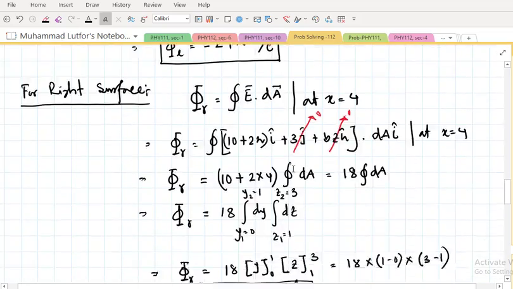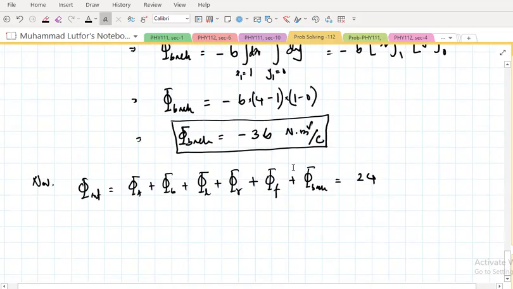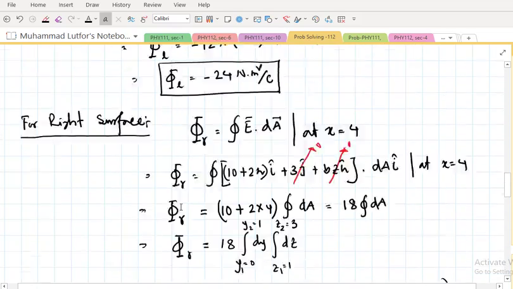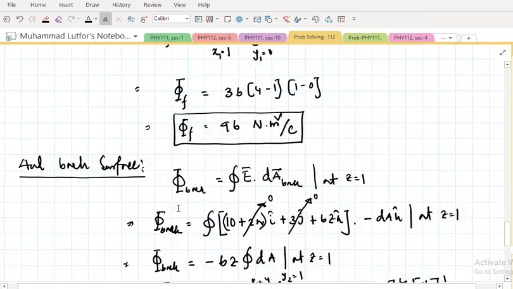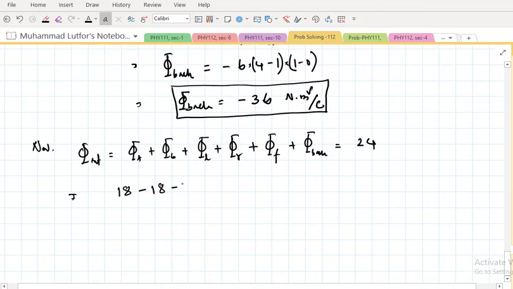Fine. Now I have the individual fluxes, so I could write: flux for the top surface is 18, bottom surface is minus 18, left surface is minus 24, right surface is plus 36.